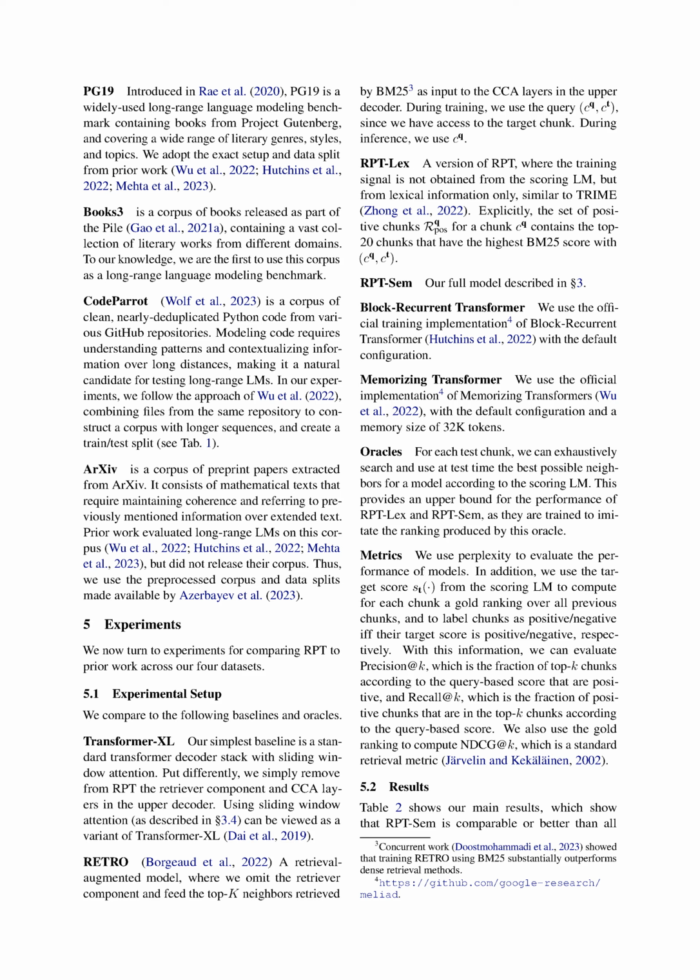However, using the RPT-Lex model resulted in enhanced outcomes in the Books 3 dataset but was less effective in the PG19 dataset compared to Retro. In terms of outperforming the other models, RPT-Sem shines, besting the Transformer XL, Retro, and RPT-Lex on the Archive, PG19, and Books 3 datasets. In addition, RPT-Sem's performance is on par with Retro when tested on the Code Parrot dataset.